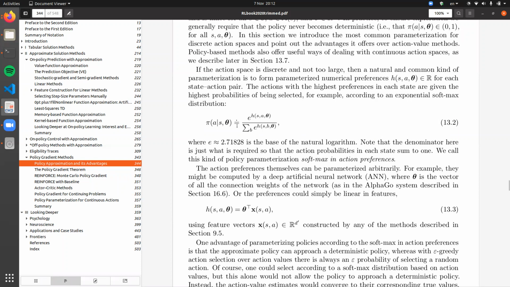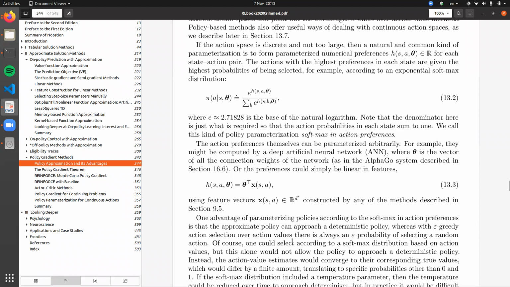But this is a smooth and differentiable function, unlike the argmax, which is hard, and whose gradient is 0 everywhere except for the maximizing argument, right?